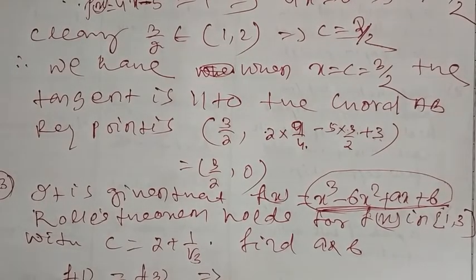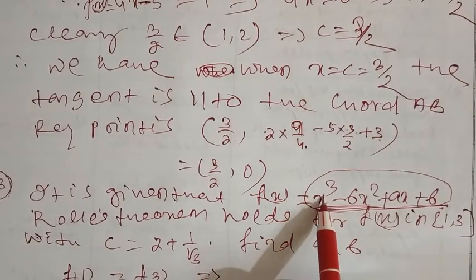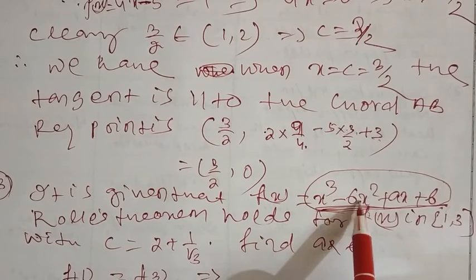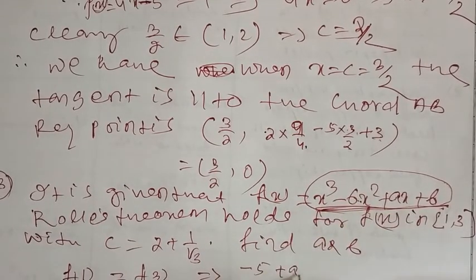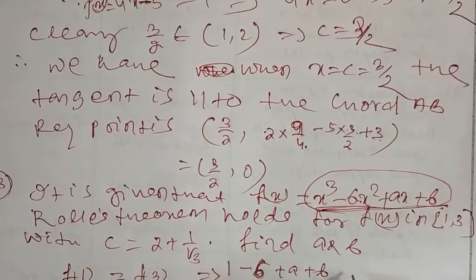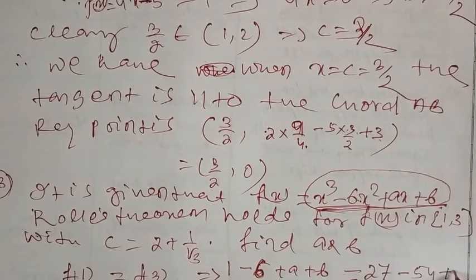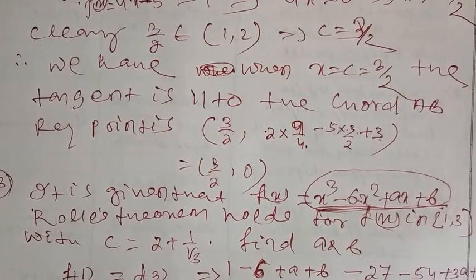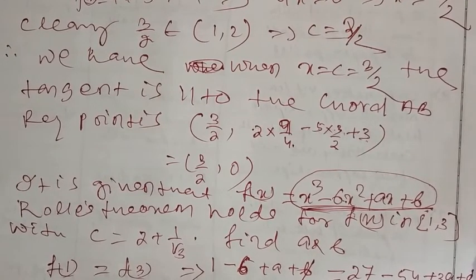This gives me, what is f of 1? It is 1 minus 6 plus a plus b, that is minus 5 plus a plus b. And f of 3 is 27 minus 54 plus 3a plus b. b cancelled. So what is 3a?